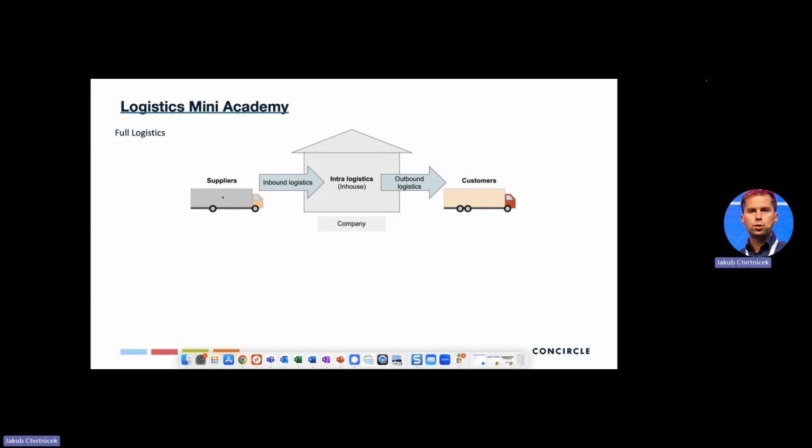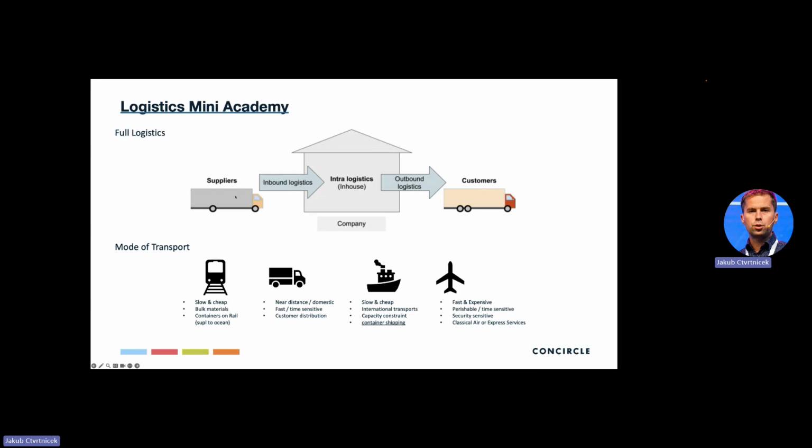Now you see in my picture, it's a picture of a truck, right? But it doesn't need to be a truck. We have options for either of these movements: rail, trucking, or even courier, ocean and air. Air is typically used very seldom, for things like perishable or time-sensitive goods, high-tech components, or pharma.